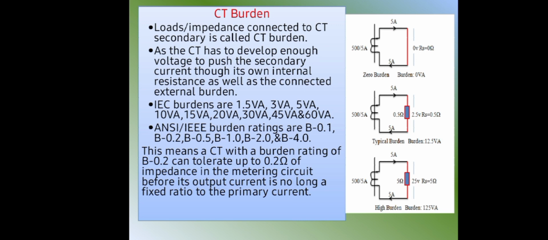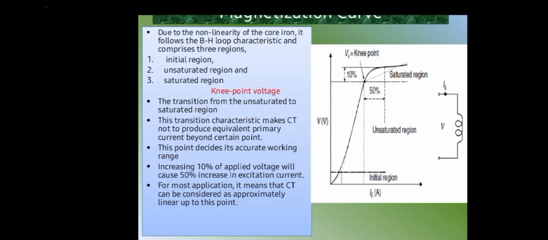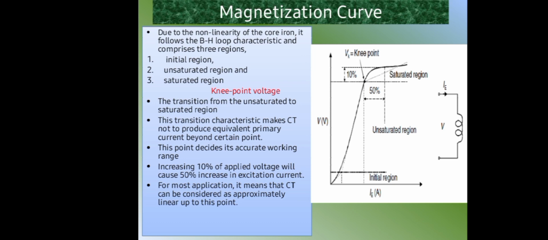CT core material should have low reluctance, high permeability, low loss and high saturation limits. And the other parameter of the CT is the magnetization curve.